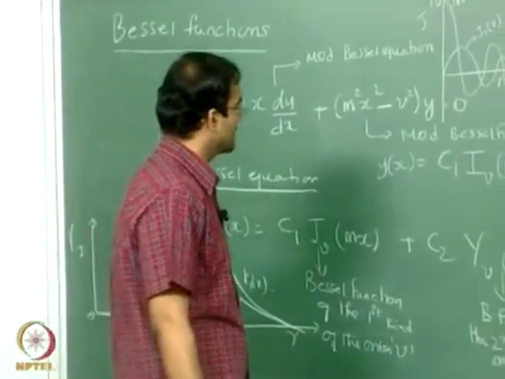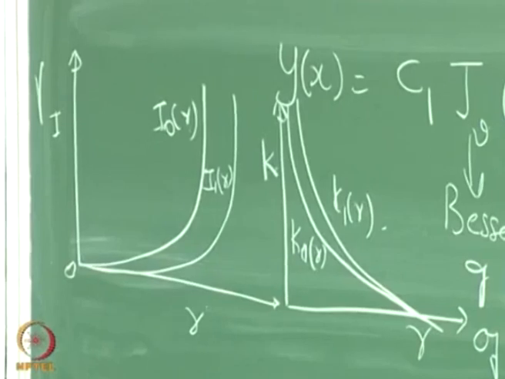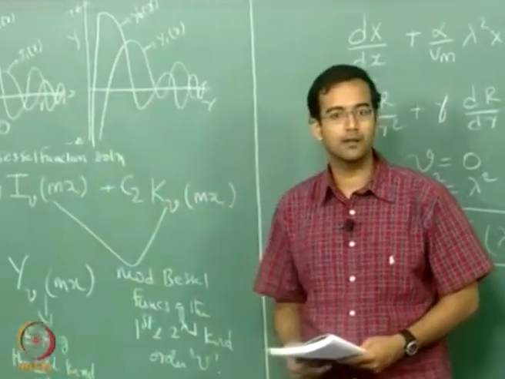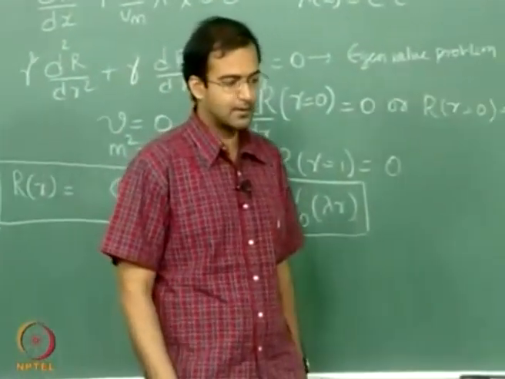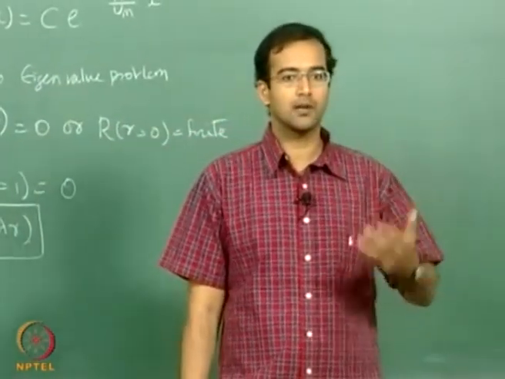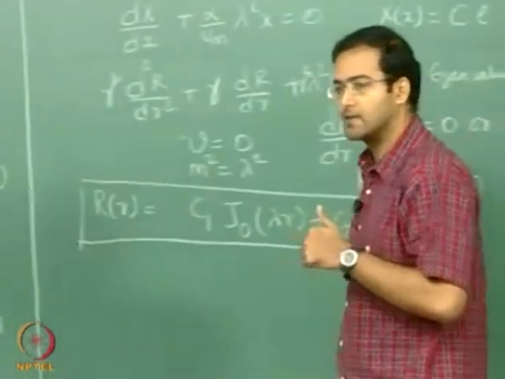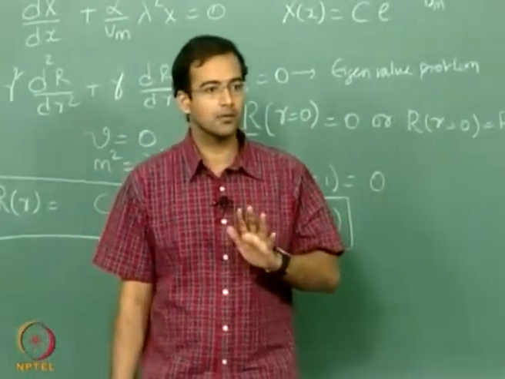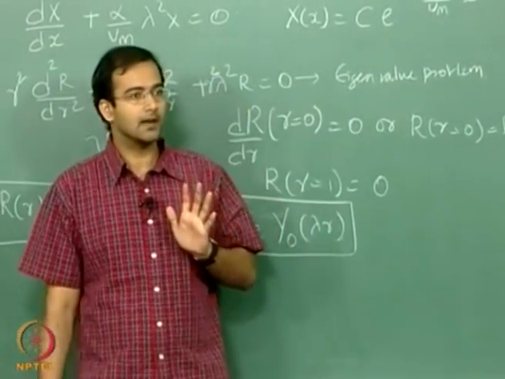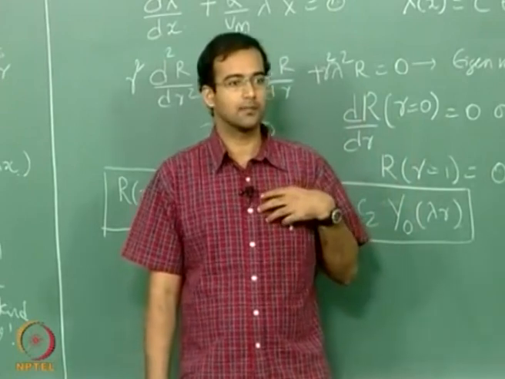This is just to give you an idea how the Bessel functions behave. You take any Bessel function chart, you will find the tabulated values corresponding to different values of x or r. You will find the corresponding variation in the first kind and second kind, all the different orders, starting from the 0th order, first order, second order. The 0th order Bessel function here means it is the highest order, it does not mean it is the lower order. That is the highest order, and 1, 2, 3, 4 are the lower order Bessel functions.